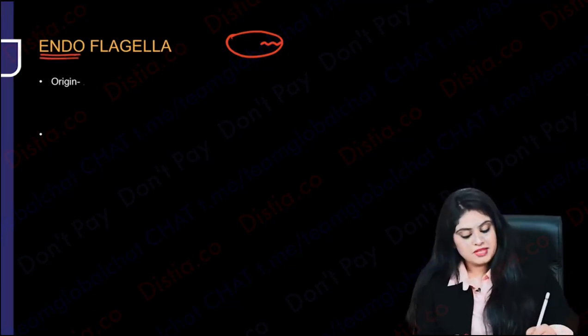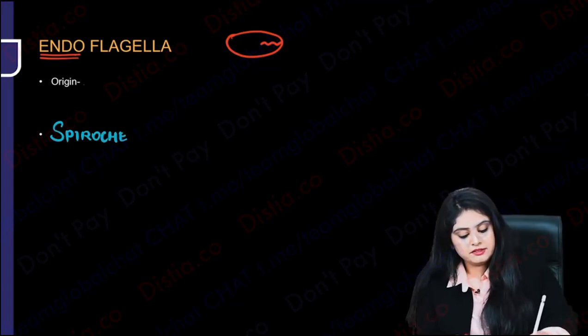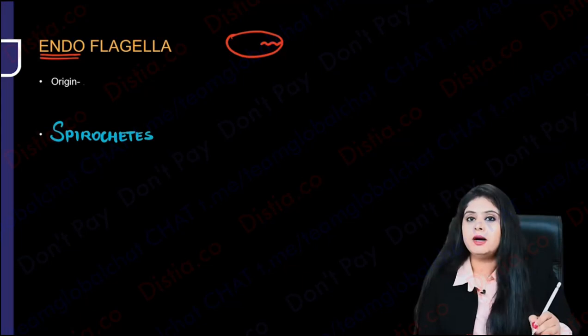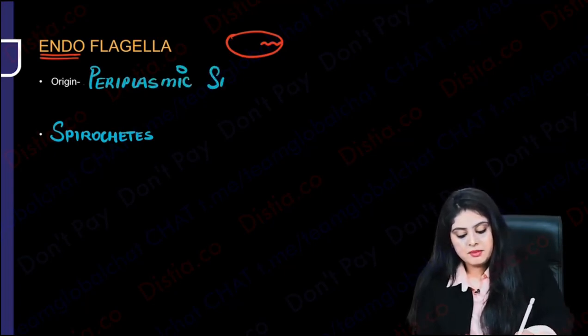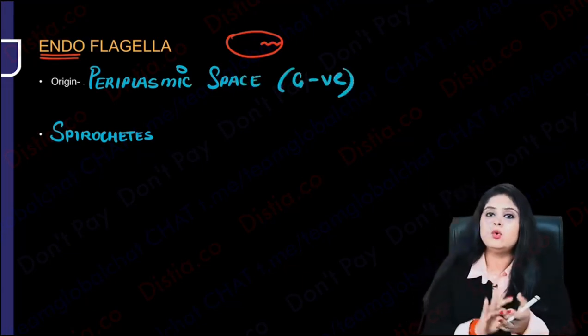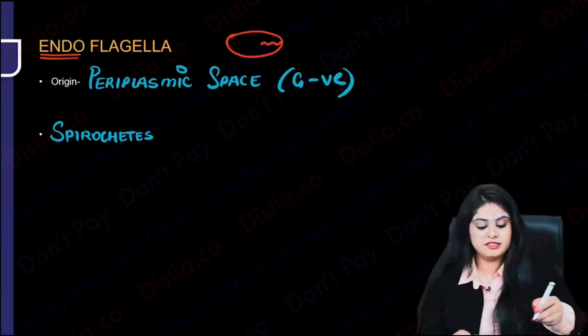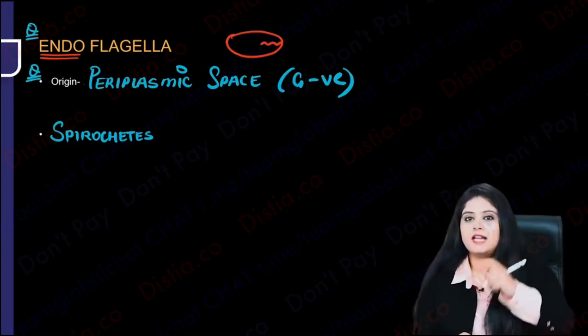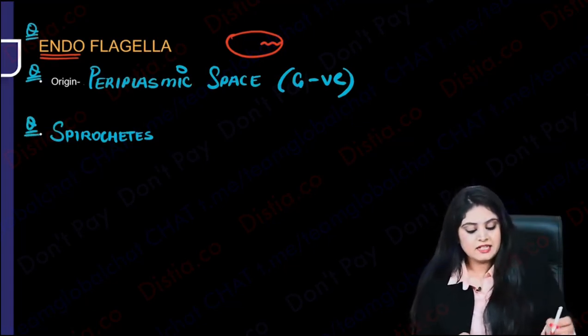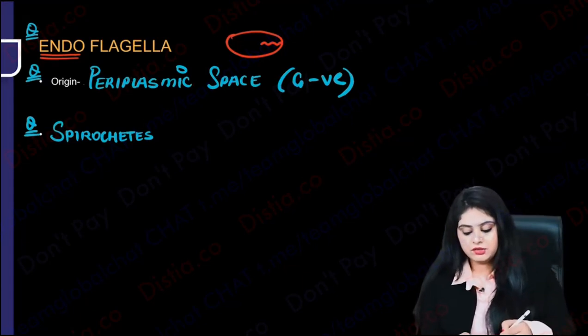So please remember, endoflagella is something that you see in spirochetes like Treponema, Borrelia, Leptospira, and the origin is going to occur from the periplasmic space. Remember in gram-negative organisms, I told you there is a periplasmic space. That is the only question you get on a periplasmic space. That periplasmic space is going to give rise to that inner flagella, endoflagella, and that is going to be seen in spirochetes. So this is also done.